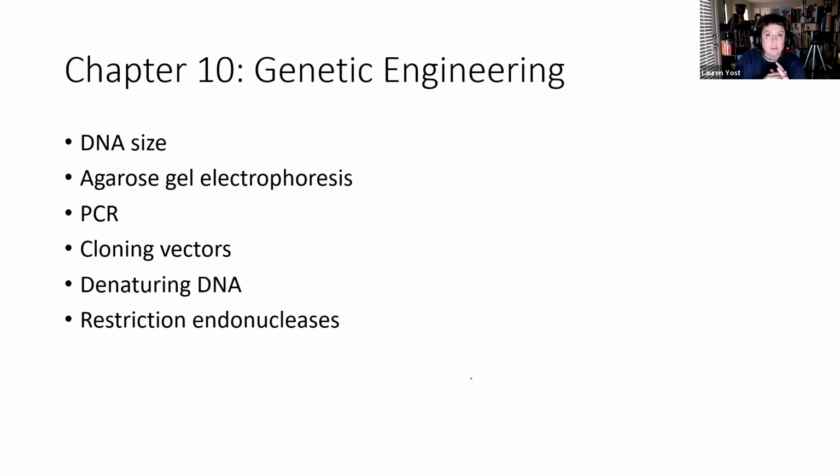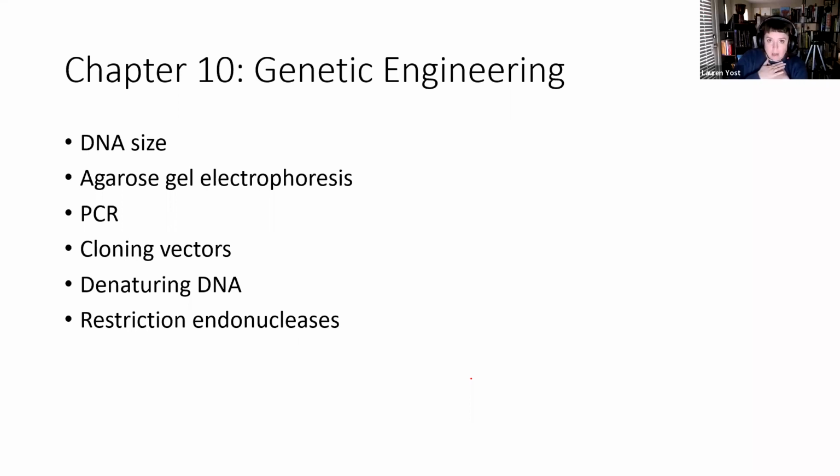But yeah, the stuff is stuck in there. It'll move through eventually. And then when you're done, you can visualize those with special dye and look for the larger bands at the top and the smaller bands towards the bottom. And if I digest with restriction endonucleases, remember, they're going to cut at specific palindromic sequences on DNA.